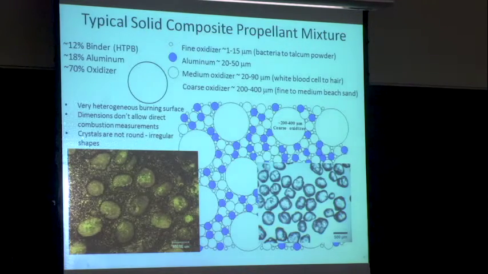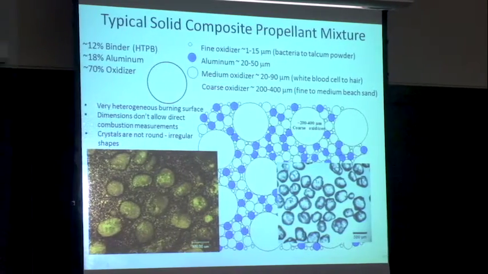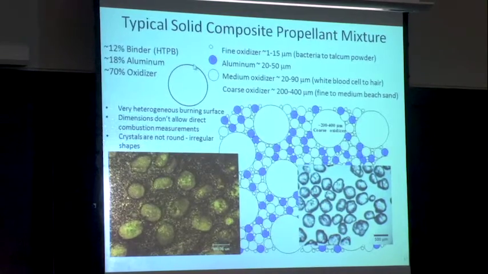Okay, so let me finish this section by just showing you a few results about our understanding of composite propellants. I'll take something like AP and hydroxyl terminated polybutadiene as an example. If I look at a composite propellant and its composition, what you'll typically find is the solids loading. If I include aluminum with the oxidizer, it could be as high as 88%, and the binder has about 12%.